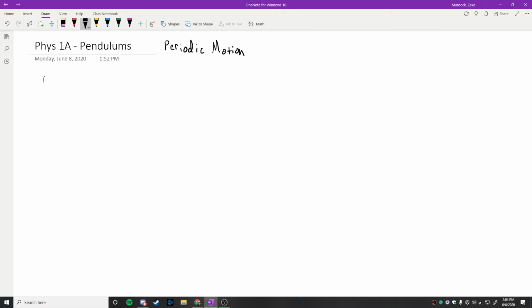So, periodic motion, there's really two requirements for this. The first requirement is you need to have some type of equilibrium position.